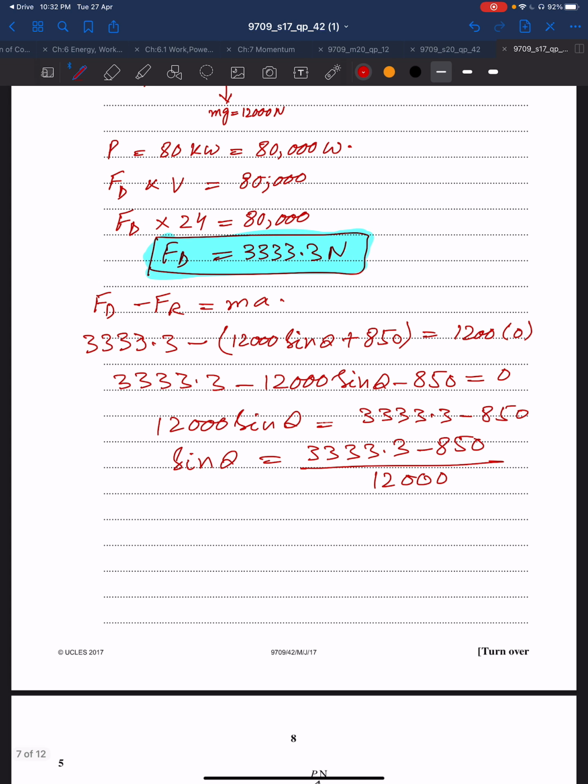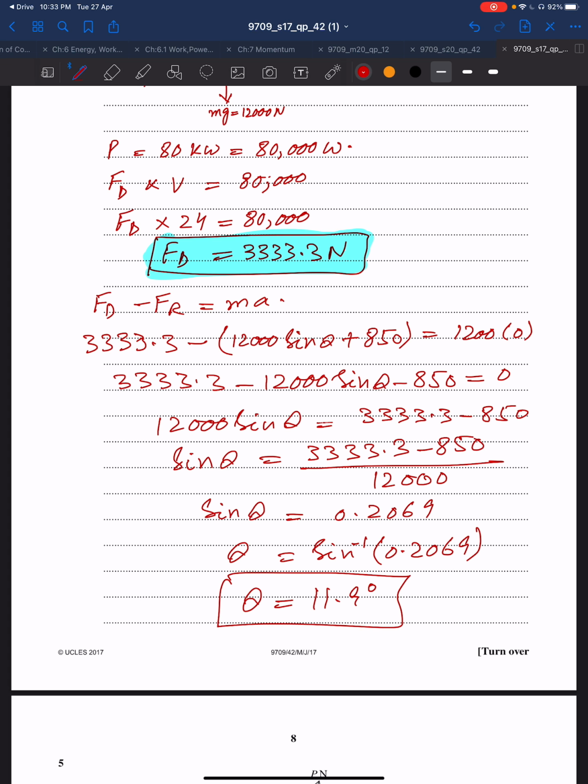Okay, so if you divide it, you'll get sine theta equal to 0.2069, and theta is equal to sine inverse 0.2069, and theta is equal to 11.9 degrees. So you got the angle at which the surface is inclined.